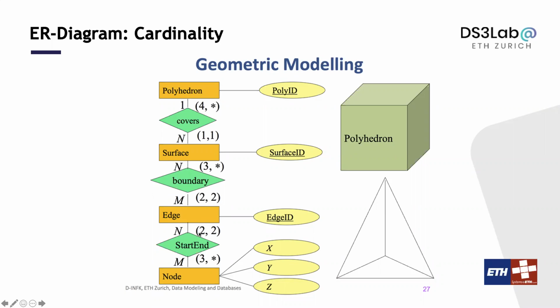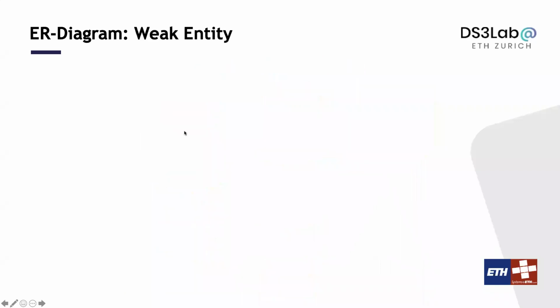So this all makes sense. As you can see, if you use this min-max notation, you can express cardinality constraints in a more precise way, compared with the 1 and n notation. Okay, so this is about cardinality.